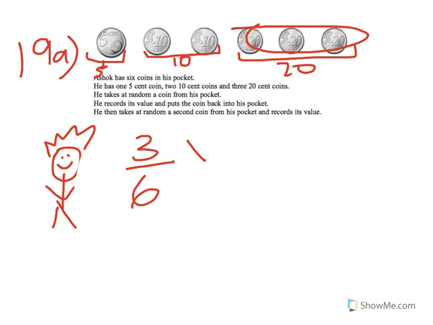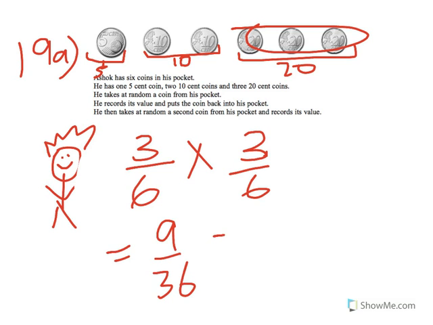It's still 3 out of 6. So the total probability that he picks two 20-cent coins is 3 out of 6 times 3 out of 6, which is 9 out of 36, which simplifies to 3 over 12, which simplifies to 1 over 4.